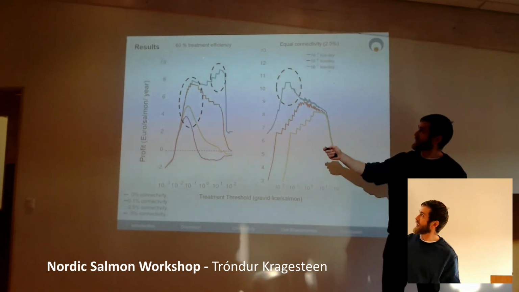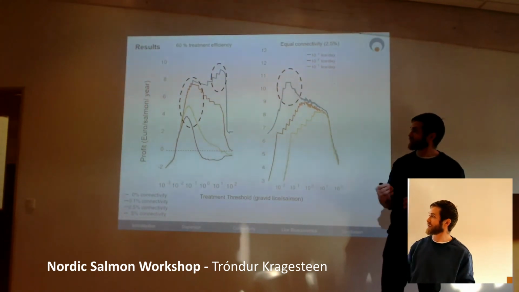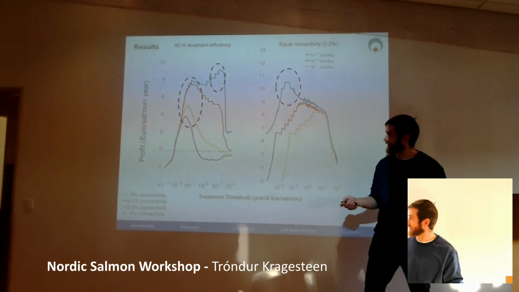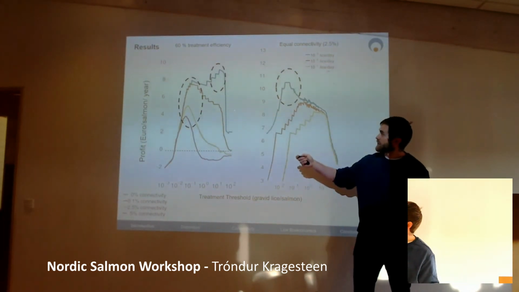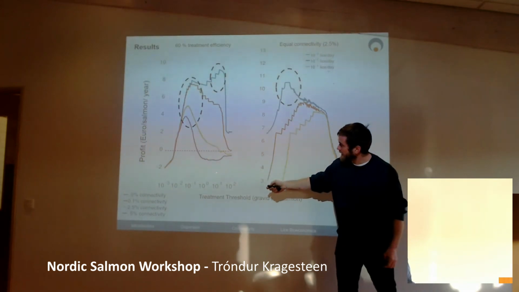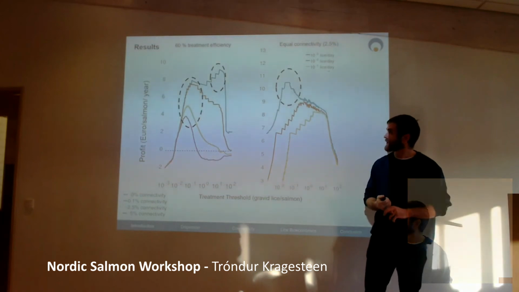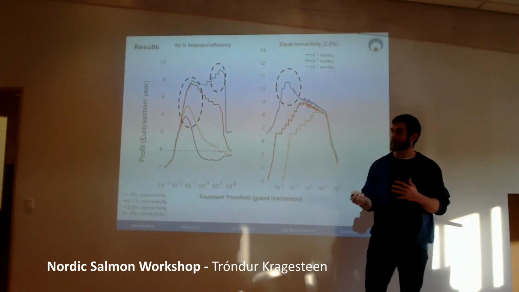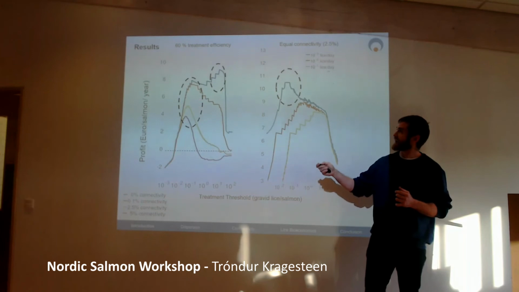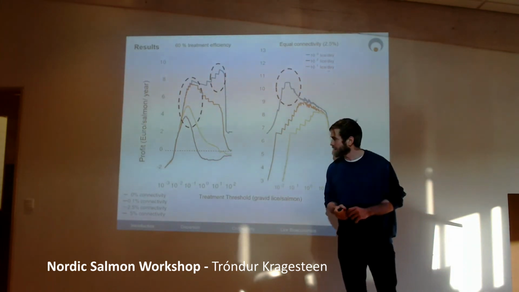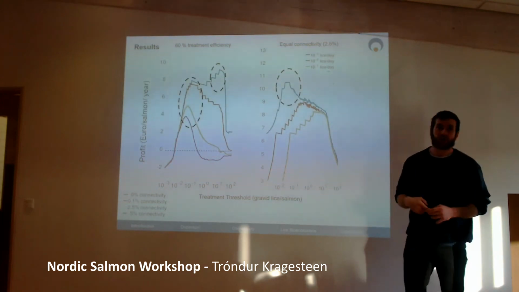We see that if you're isolated, you profit the most by waiting as long as possible before treating your fish for lice. So here it's somewhere between 5 and 10 gravid lice per salmon. But if you're in a connected farm system, you profit most by applying a low treatment threshold, which is here down to around 0.1 gravid lice per salmon.